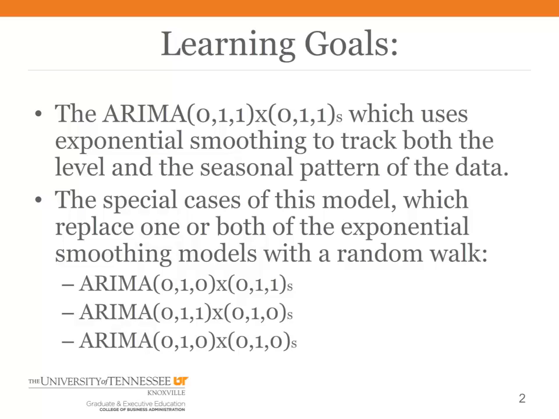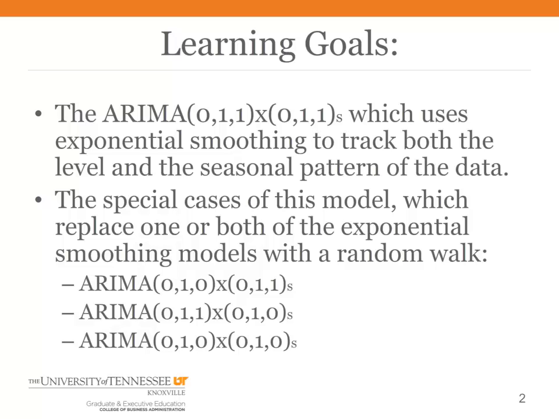The general model that we're going to study in this session is the ARIMA 011 by 011S, which the first triplet of numbers there says we're going to use exponential smoothing to track the level of the process, and then the second part says there's going to be a seasonal component, and we're going to use that to track the seasonal variation in the data. So it's sort of like two exponential smoothing models working concurrently.